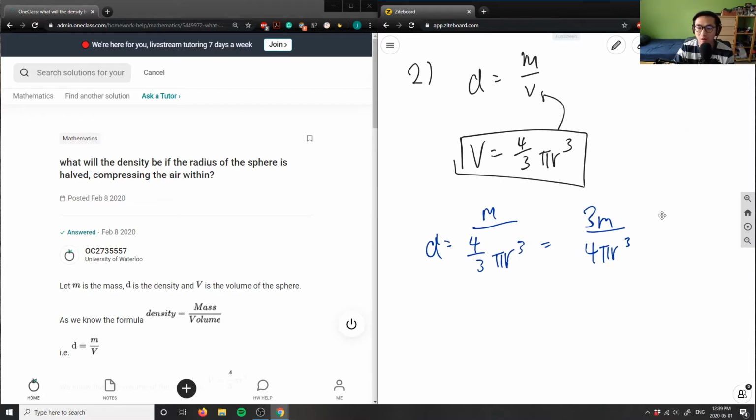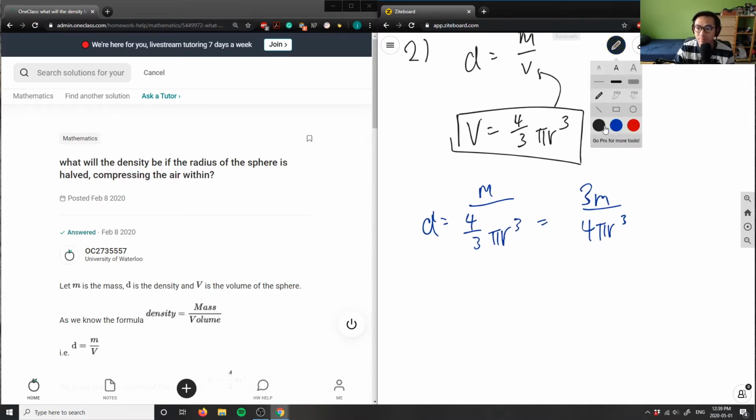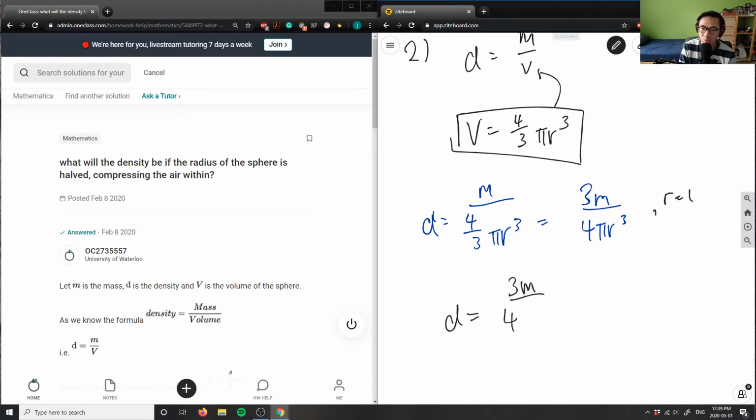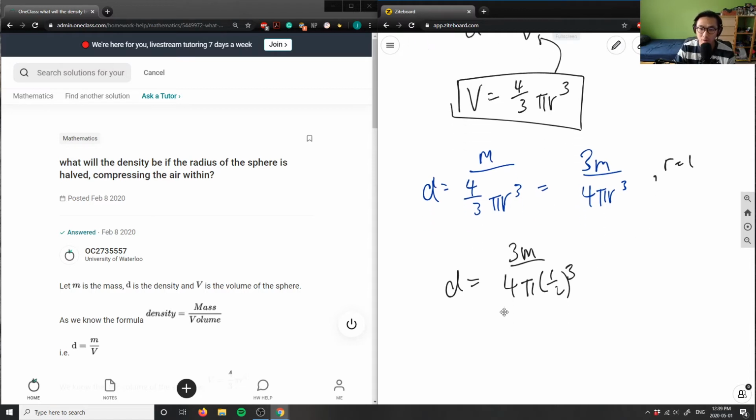So assuming our radius r equals 1, what if it was halved? I would get D equals 3m over 4 pi times r, which would be half, cubed. We can rearrange this to see how it differs from our original equation.